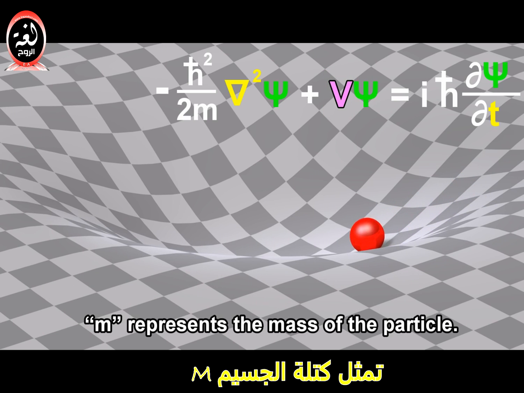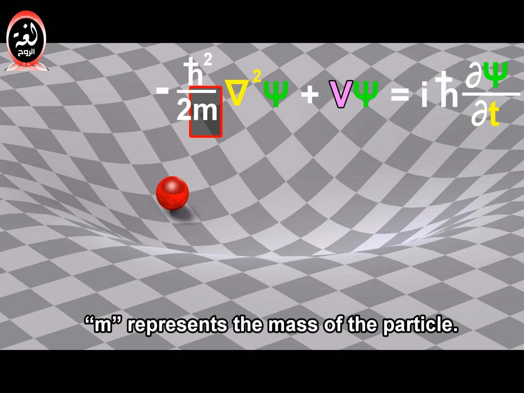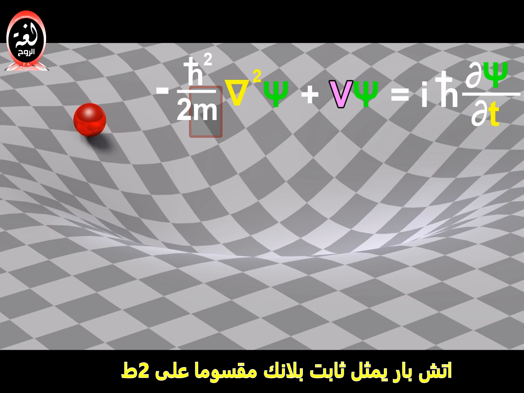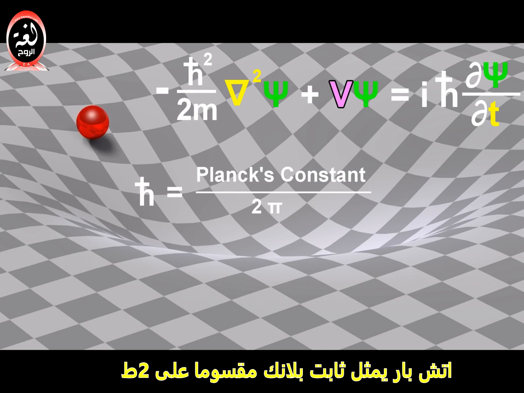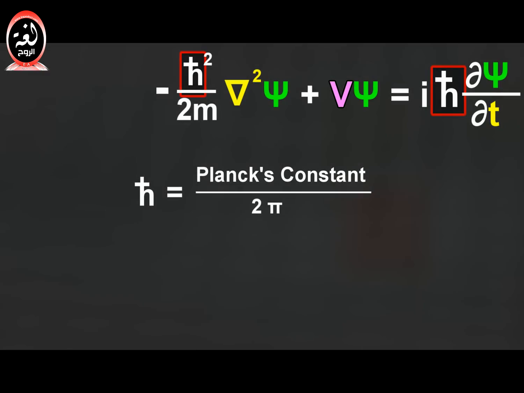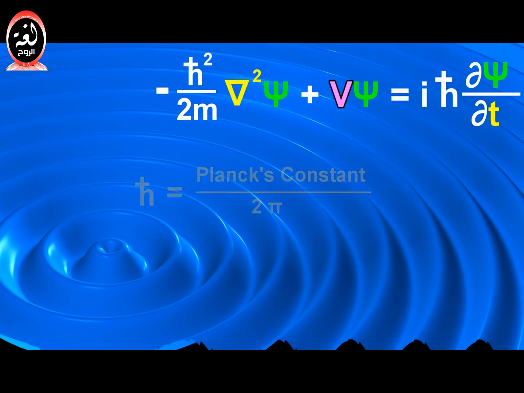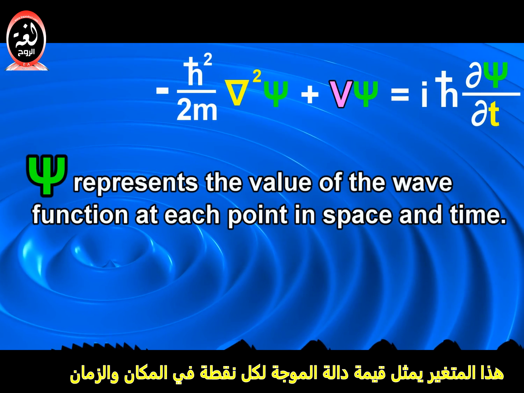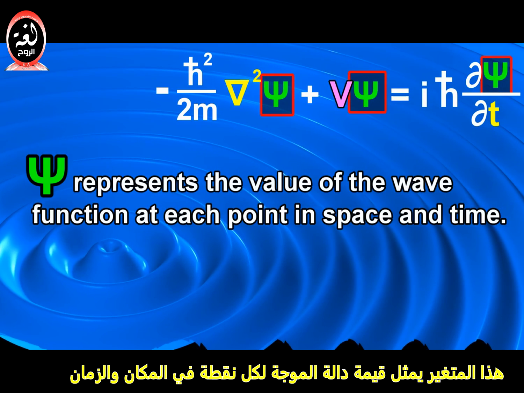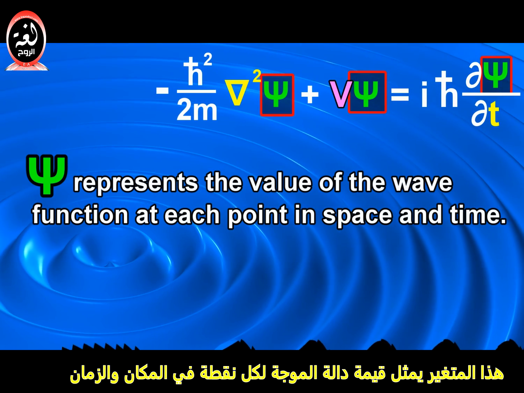M represents the mass of the particle. H bar represents Planck's constant divided by 2 pi. This variable represents the value of the wave function at each point in space and time.